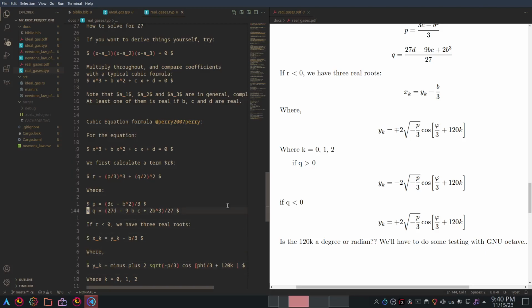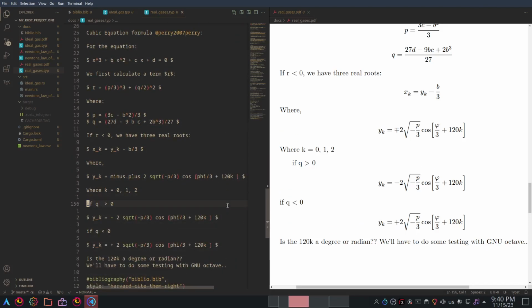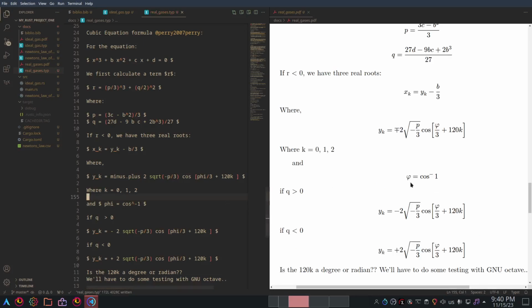Okay, let me write that down. And phi equals cosine inverse. Let's see whether this renders correctly. Cosine inverse, and I'll need to bracket it. Cosine inverse, yes. Oh, cosine inverse what? There's a square root term.